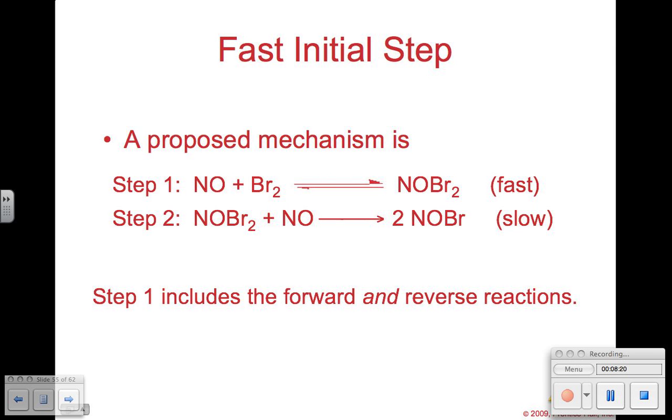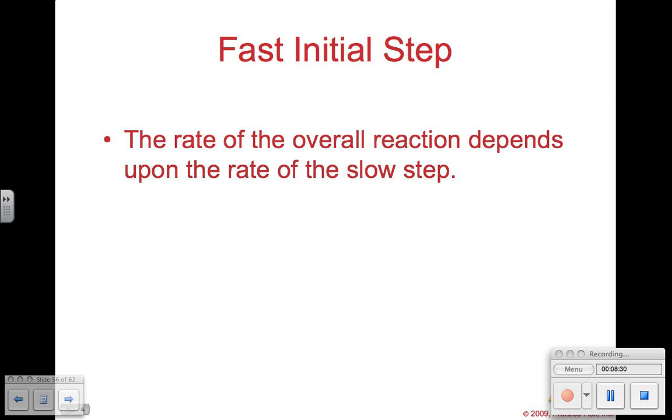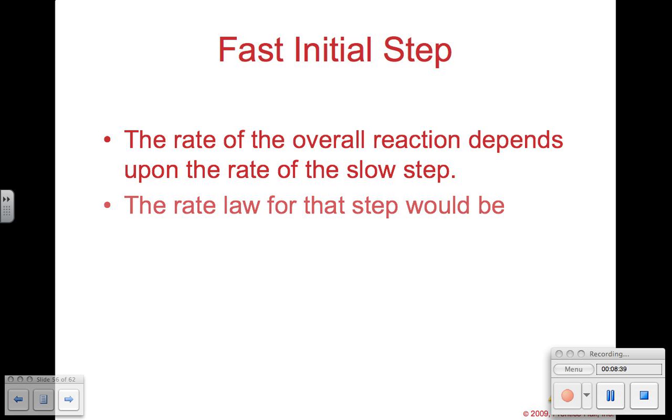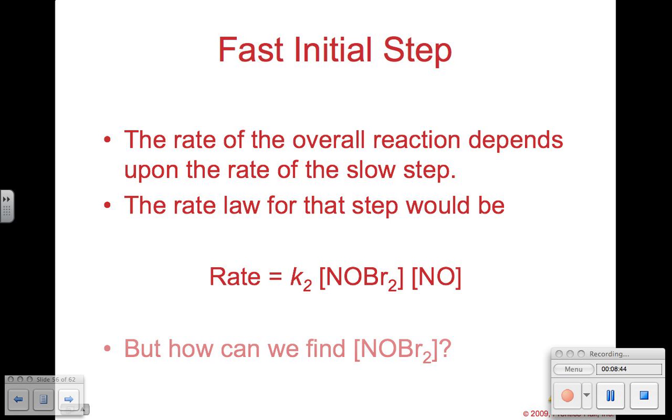That's because if that's the fast reaction, you're going to have NOBr2, but there's going to be an equilibrium present where it's going to go back the other way as well. And so with that, we want to put that back and forth arrow, and we'll see how that plays out a little bit further. So the rate of the overall reaction depends upon the rate of the slow step, so that second reaction that we just saw.